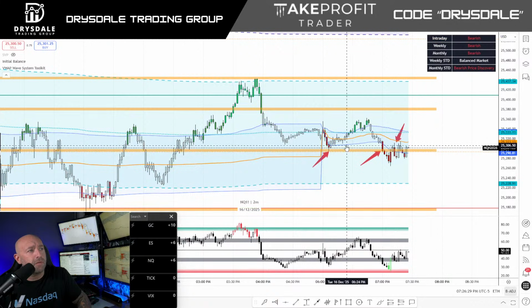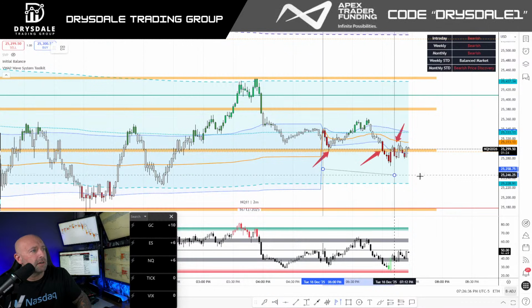So that means we're forming a bit of a value area, which can also be seen in the price action, right? We're probably building a little bit of a distribution here.